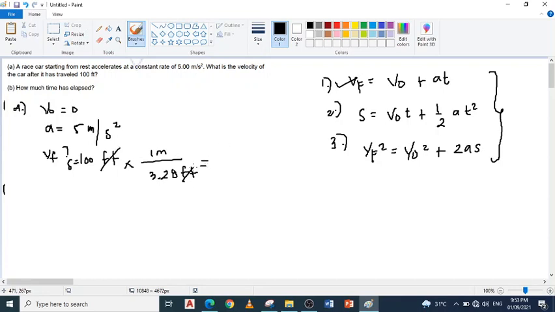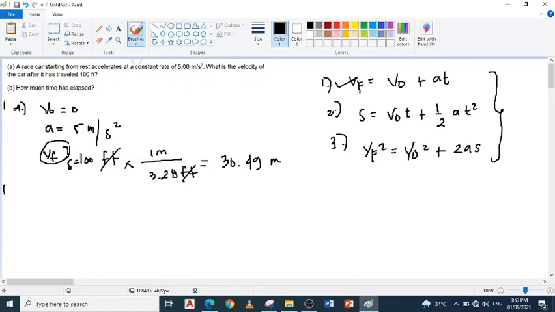Cancel yung feet natin. And then, 100 divided by 3.28. Okay, so we have distance traveled in meters is 30.49 meters. Ang tinatanong is yung Vf, final velocity.